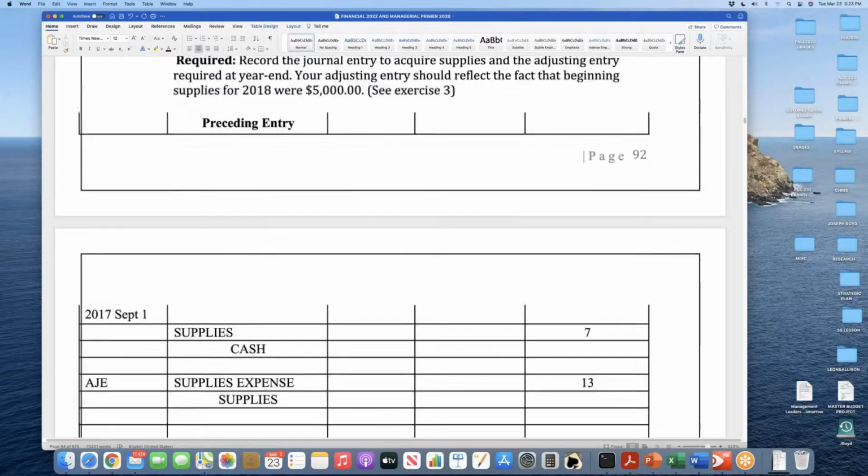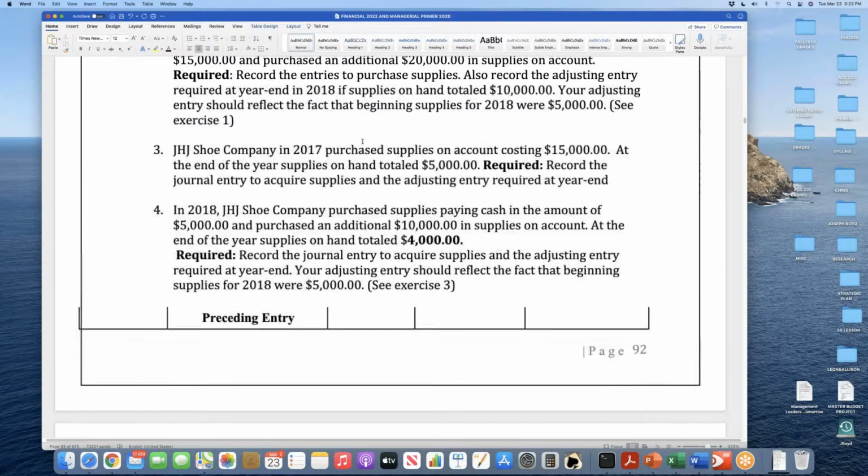Are we ready? So in 2017, we purchased supplies on account costing $15,000. At the end of the period, we had $5,000.